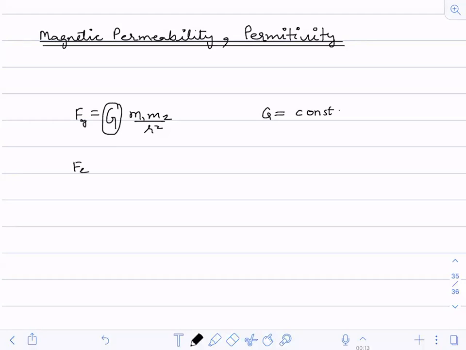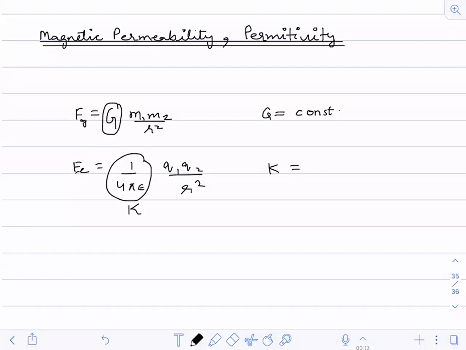In electrostatic force, you calculated the electric field, and you wrote 1 upon 4 pi epsilon naught, q1 q2 by r square. I'm writing it as epsilon only, not epsilon naught. So this was basically a constant, suppose k. Was this constant changing with the medium or not?